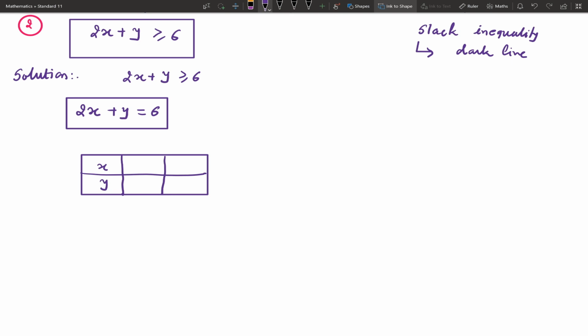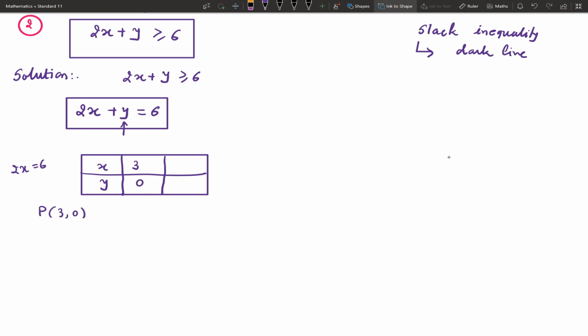Now on the x-axis, the y-coordinate will be 0. You take y coordinate 0. So we will get 2x equal to 6. So x will be 3. So x is 3, y coordinate 0. So one point of the line will be 3, 0. We can call this point P. Now we take a point on the y-axis. So the x coordinate will be 0.